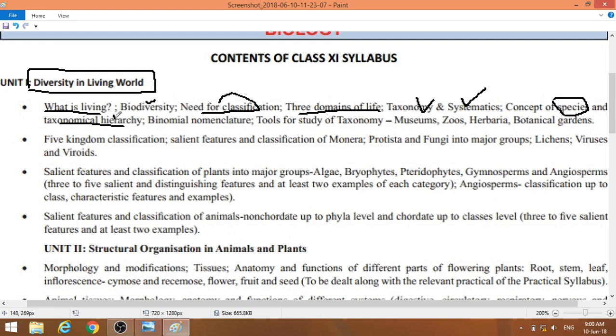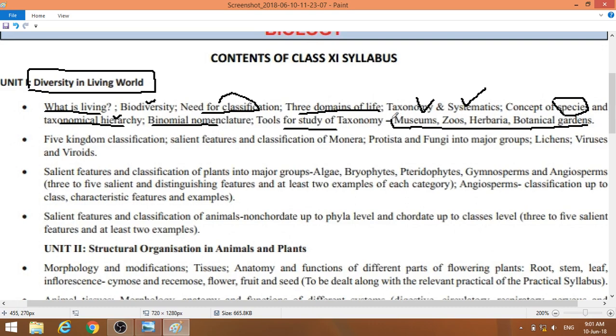What is hierarchy? Basically the classification of organisms into different levels, like you have classes, families, orders, etc. Then you have binomial nomenclature, tools for study of taxonomy, that's museums, zoos, herbaria, botanical gardens.